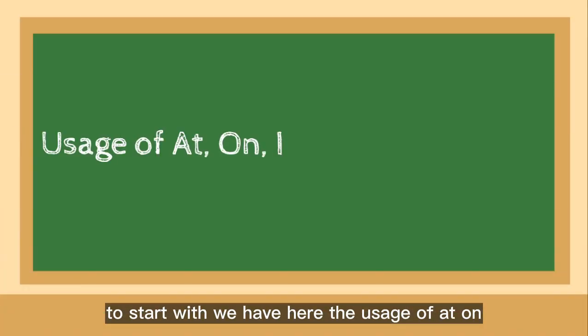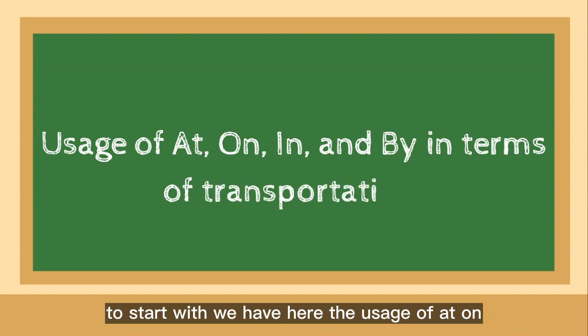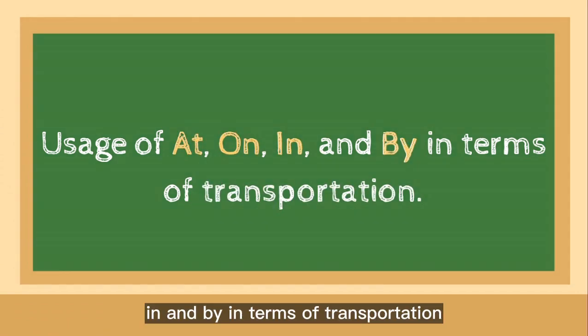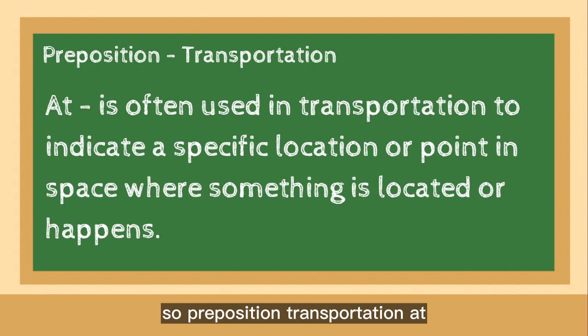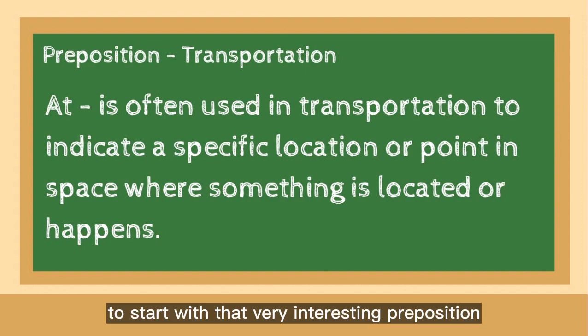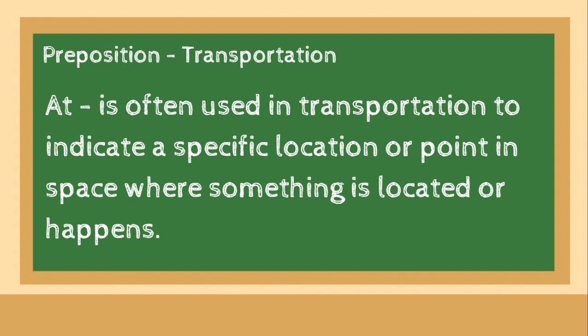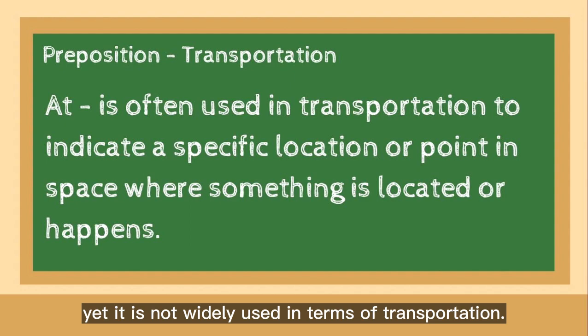To start with, we have here the usage of at, on, in, and by in terms of transportation. Preposition, transportation, at. Very interesting preposition since it's very specific, yet it is not widely used in terms of transportation.